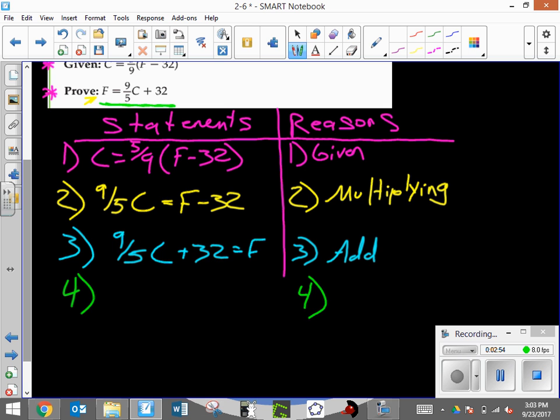If you go back to that giant chart in this section, in order for us to change it and make it F equals 9/5 C plus 32, we would have to say that we are using the symmetric property. And that allows us to change and make it F equals on the other side.